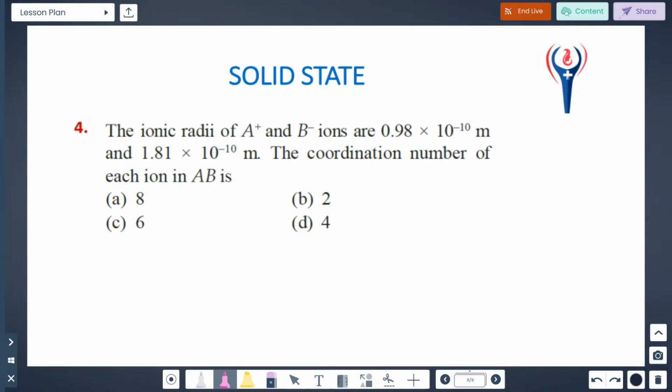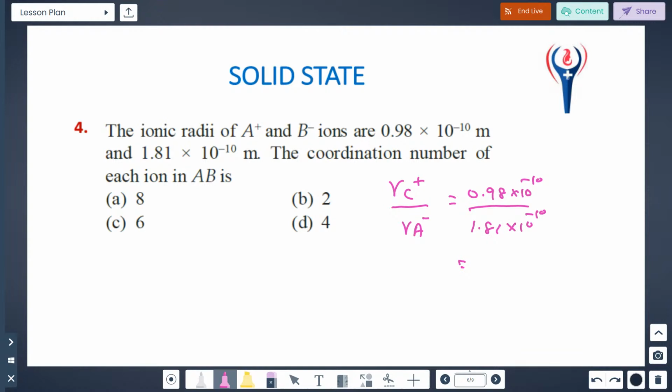So you know what the formula is? The radius ratio formula is there, no? Radius ratio means radius of cation by radius of anion. So you just divide like this. We get radius of cation 0.98 into 10 power minus 10 by 1.81 into 10 power minus 10.